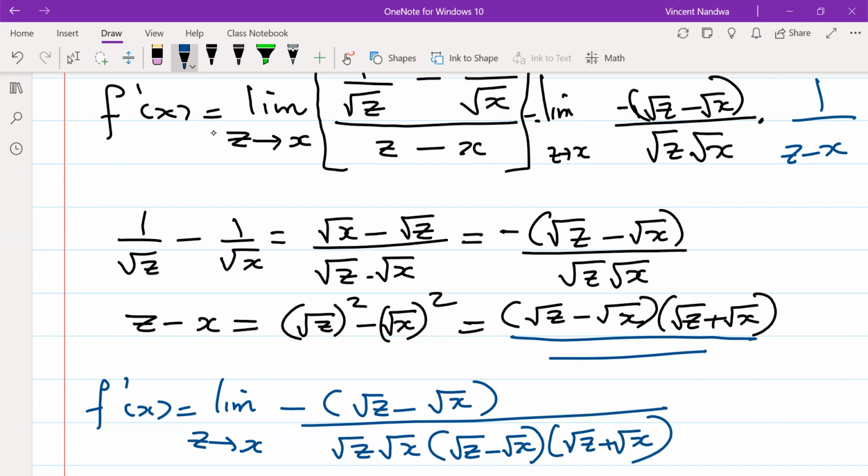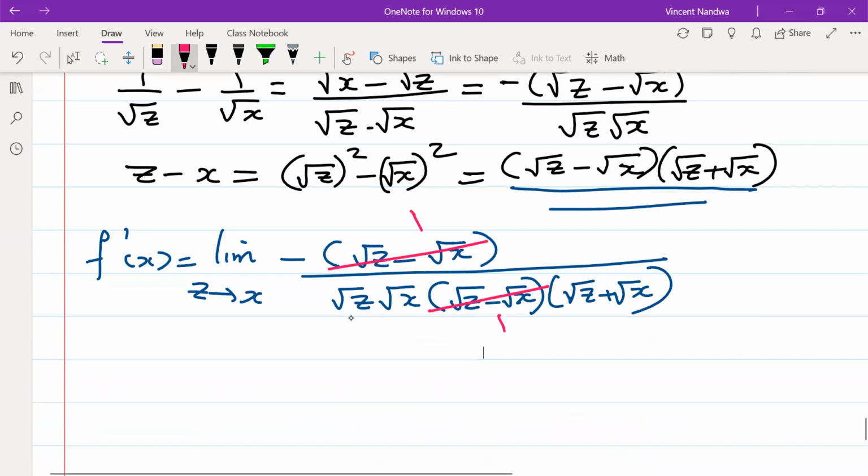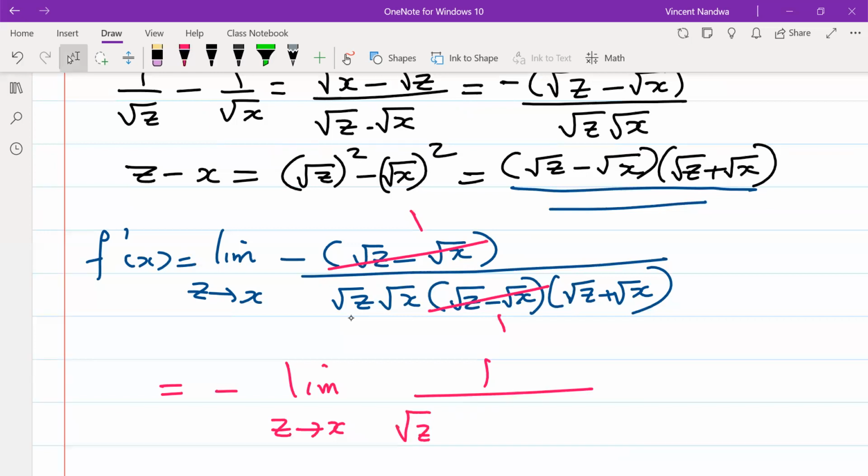So some things will cancel out. Yeah, those will cancel out. So we can factor out the negative sign.